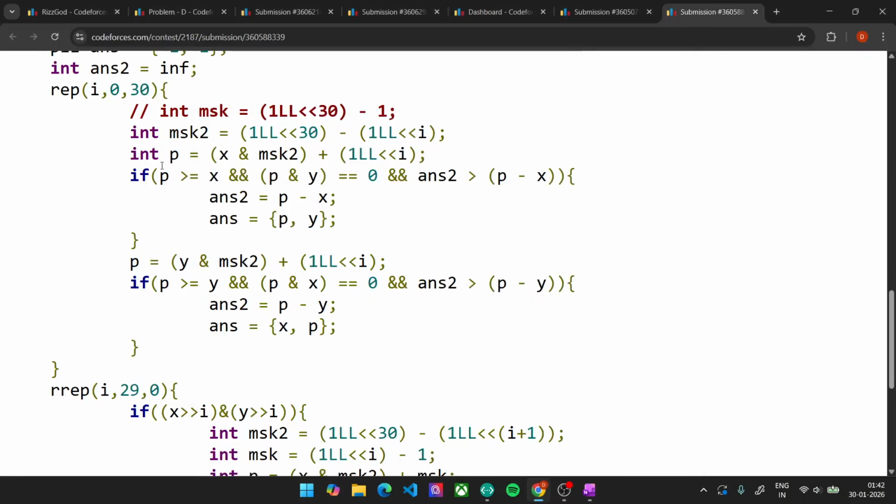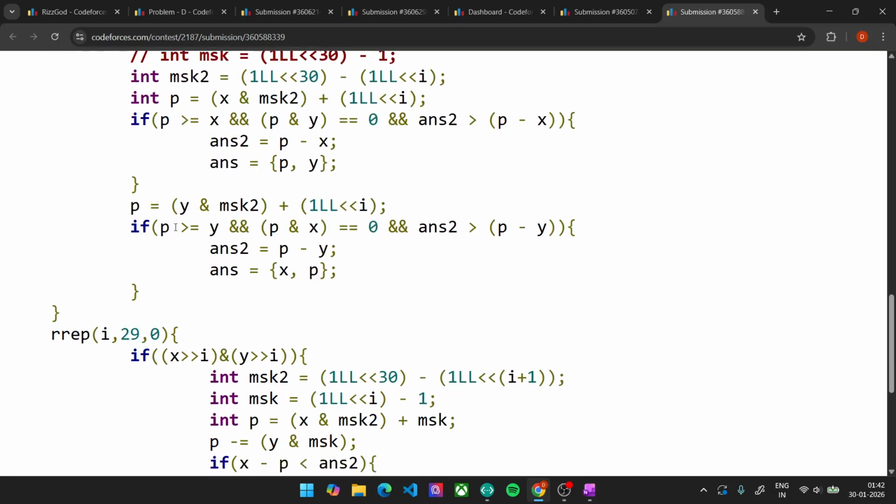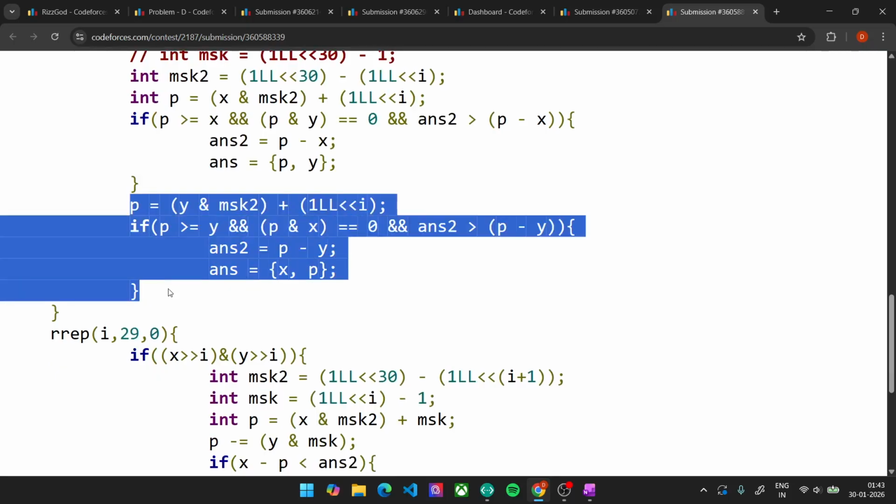So I am taking the mask with my number x, and then I am adding 2^i. Then I'm checking if its bitwise AND with y is equal to 0. And if the difference is less than my current answer, then I'm updating my answer. Same I'm doing for y.